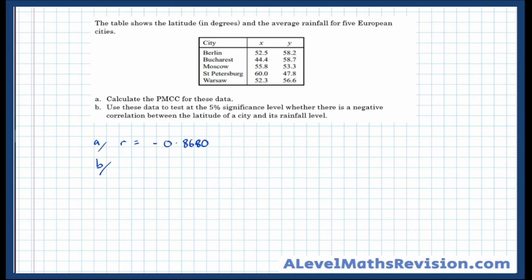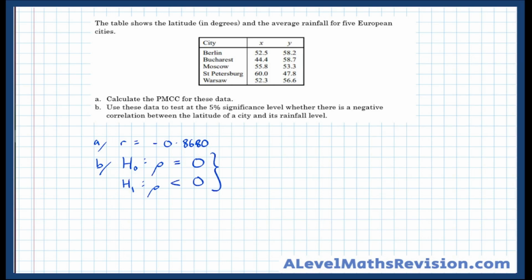First of all, we start off by spelling out the hypotheses. H0, always the default, is no correlation. H1, in this case, is testing for a negative correlation, so the alternate hypothesis is rho less than 0.